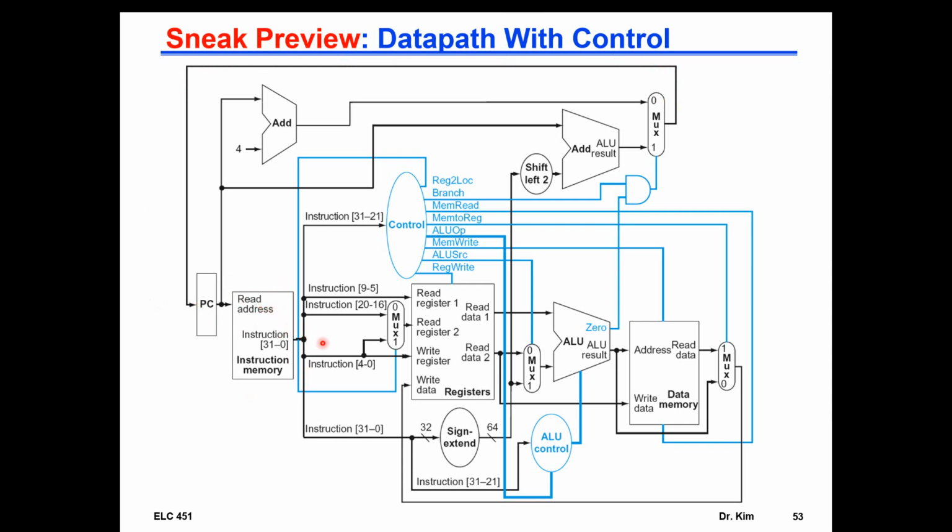And the whole cycle repeats again. What's going on here? Well, sometimes the result of the ALU, like on an addition, needs to go back into a register. So it goes through here to the write data, and we have a write register address here.